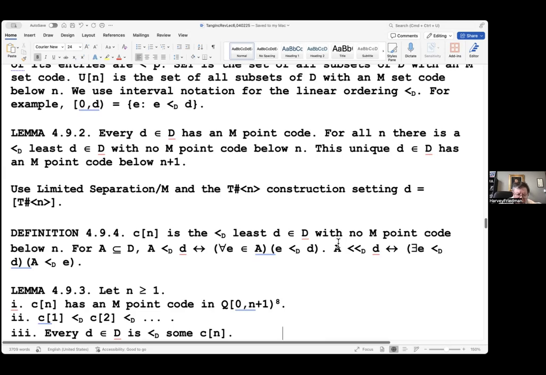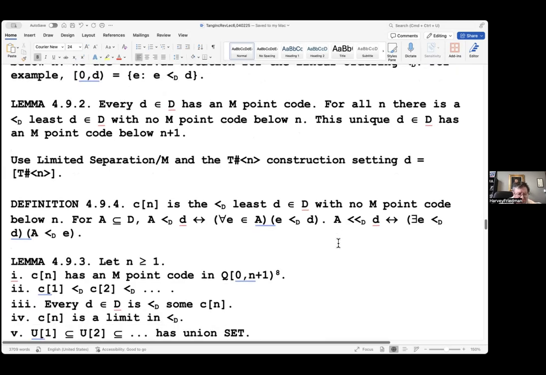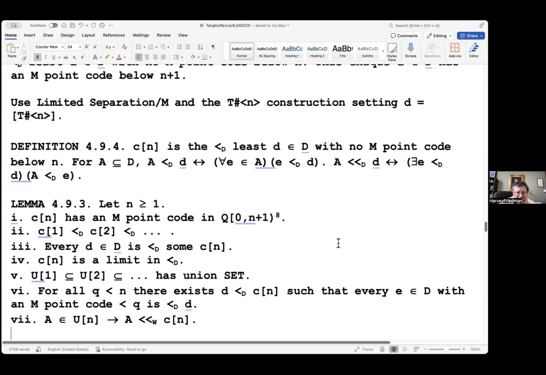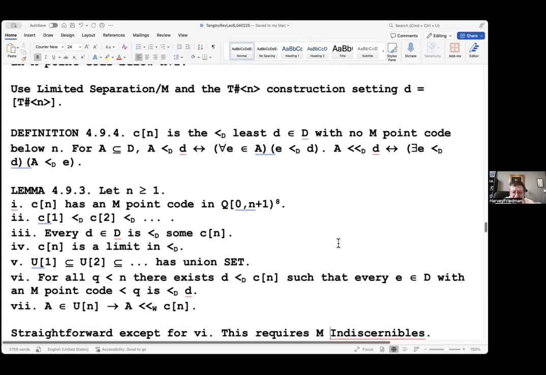Okay, so we officially define C of N to be our nth indiscernible, the least D with no endpoint code below N. For A contained in D, we write A is less than D if and only if everything in A is smaller than D, and A is much below D if and only if there's an E below D such that A is below E. Okay.